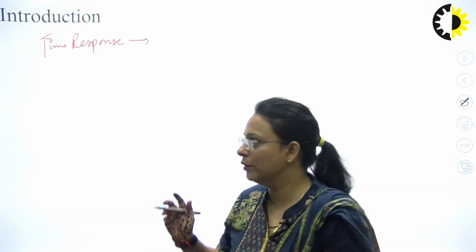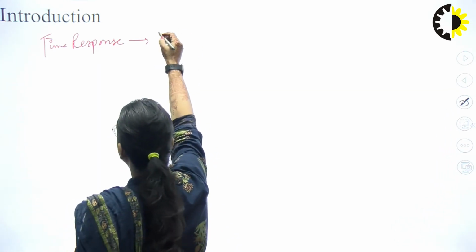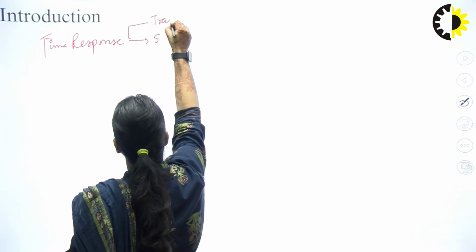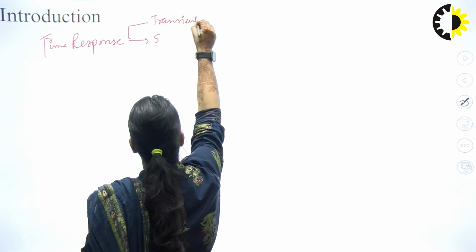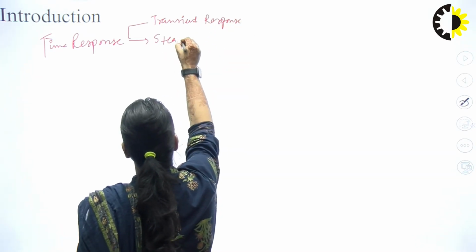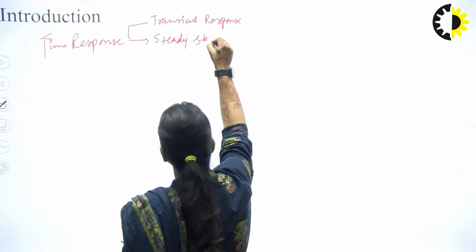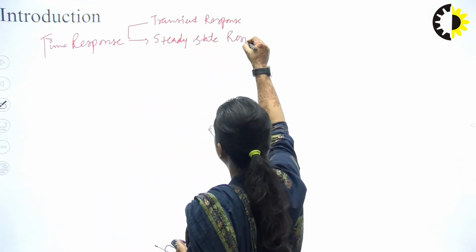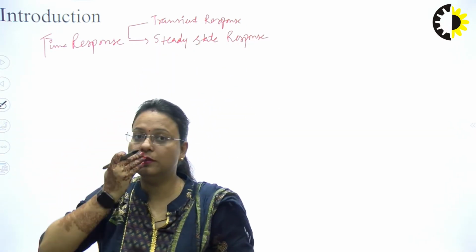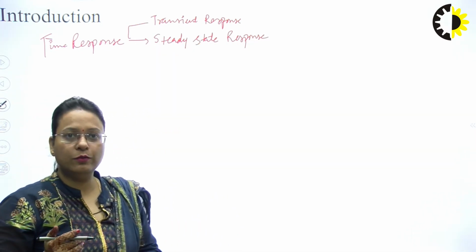Time response is divided into two parts. The first one is the transient time response, and another one is the steady state response. These two responses define the time response of the system.